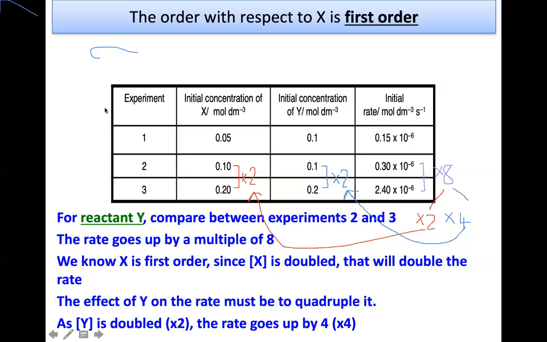So please copy this down. I hope that is clear to you. Is that okay? Your homework, question 1 is actually this, the combined effect. So if you didn't get it right, please change it on your paper.